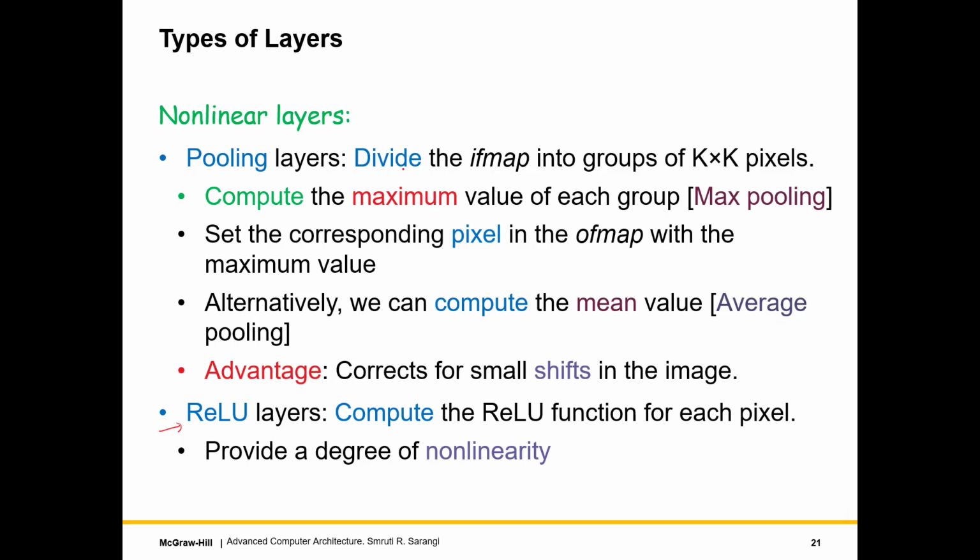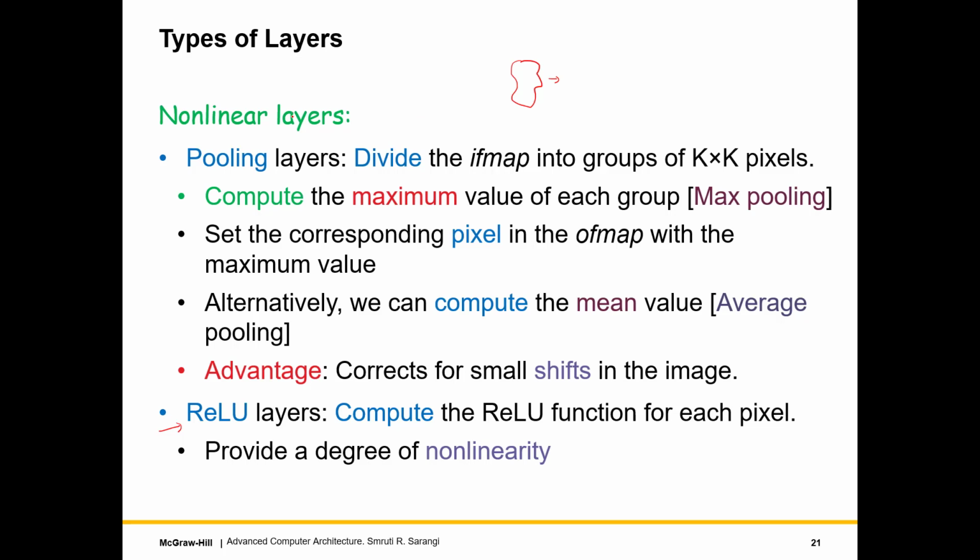So in this case, what you do is that you try to adjust for minor translational deficiencies in the image, in the sense if this is a face, and let's say the face is slightly translated a few pixels, or if let's say the face is slightly magnified or slightly compressed, so you try to compensate for that.